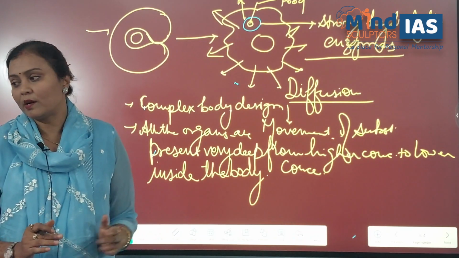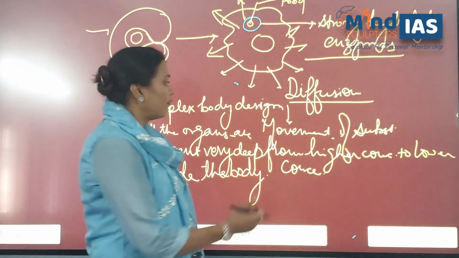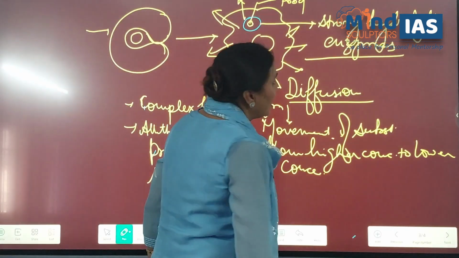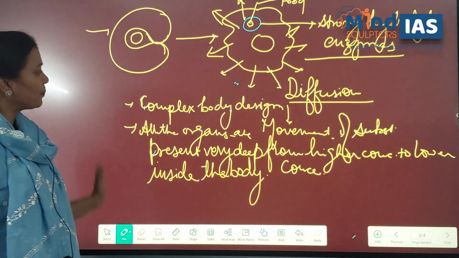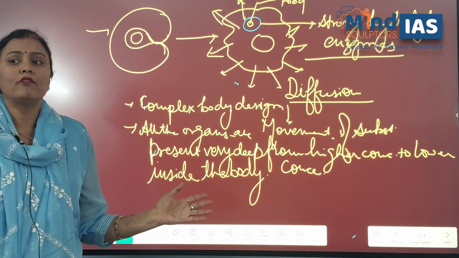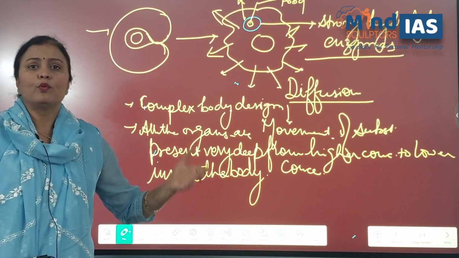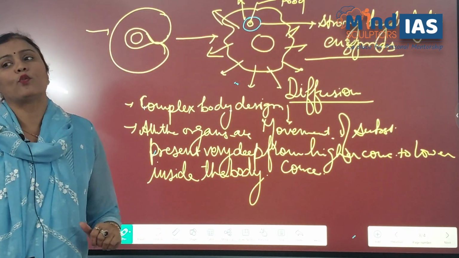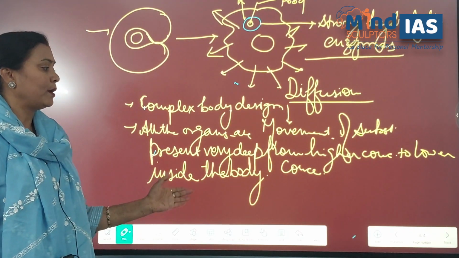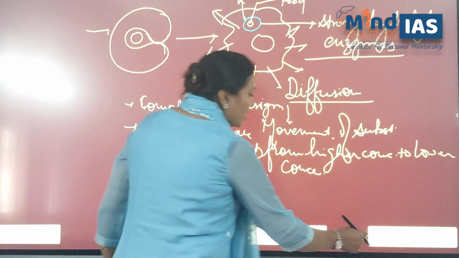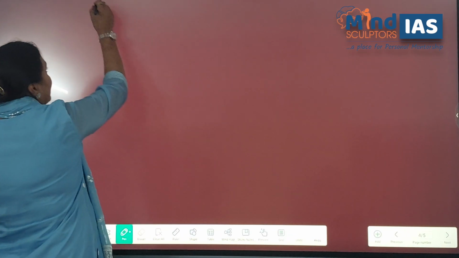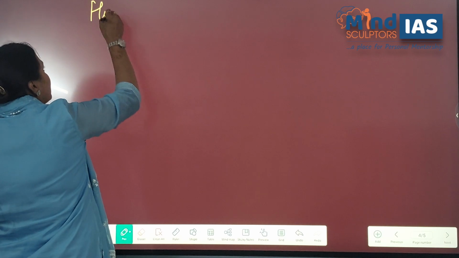Rather, we have a different process through which we perform digestion. With this, we have finished the topic of digestion in amoeba, or you can say this is one mode of heterotrophic digestion in amoeba. Now in the next slide, we'll start with the human digestive system.